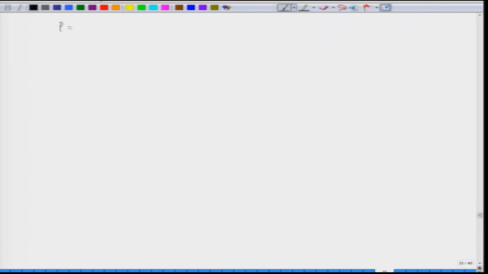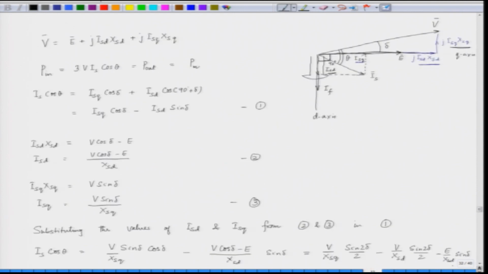When we know the value of Is cos theta, we can find out the power. The power equation is P, or Pm, the power output, is 3 V into Is cos theta. Is cos theta we have evaluated in terms of the voltage, the reactance and delta.